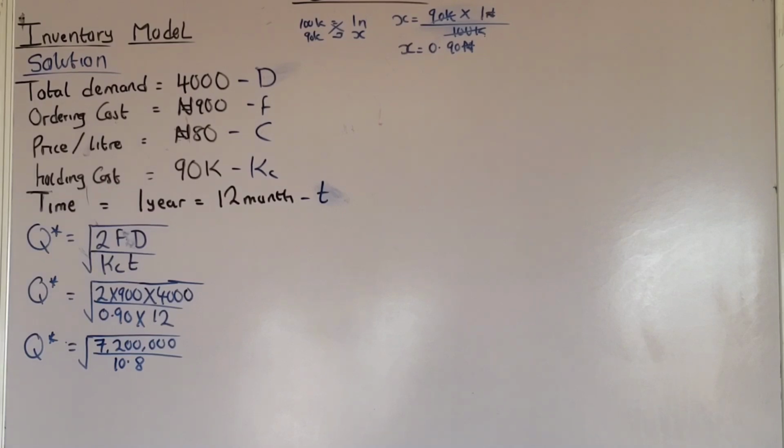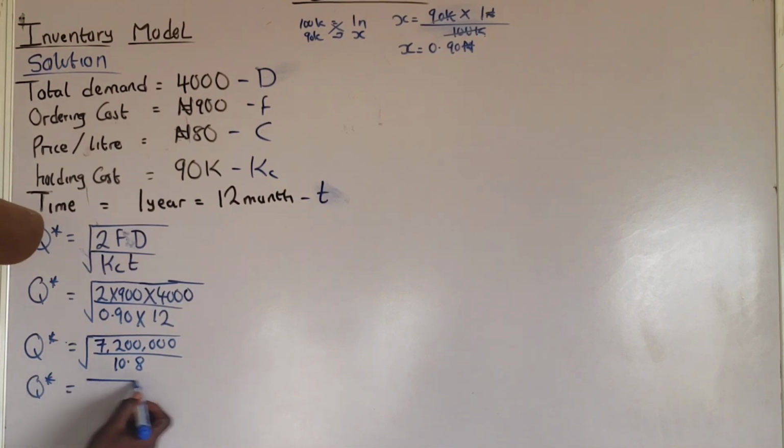So from this point, Q, the optimum quantity to be ordered at a time, is equal to the square root of, okay, let's divide 7,200,000 divided by 10.8. That will give us what? We're going to have 666,666.6667. Okay, let me put the square root.